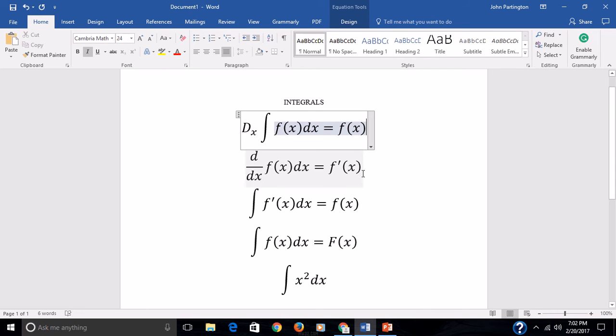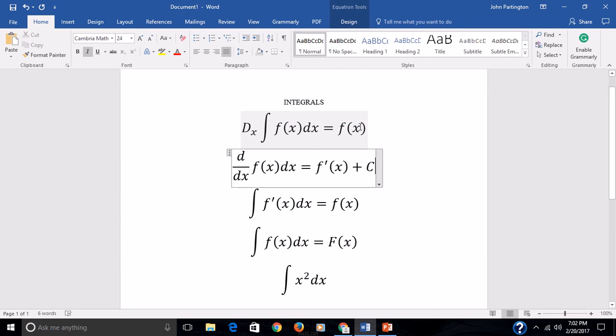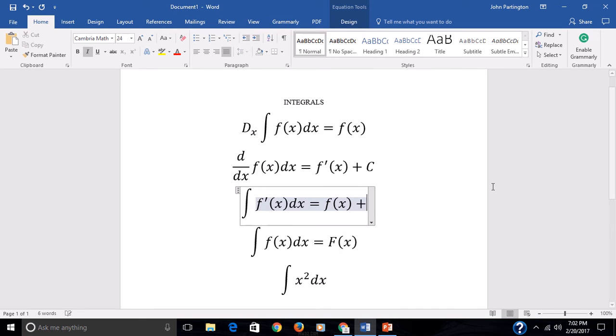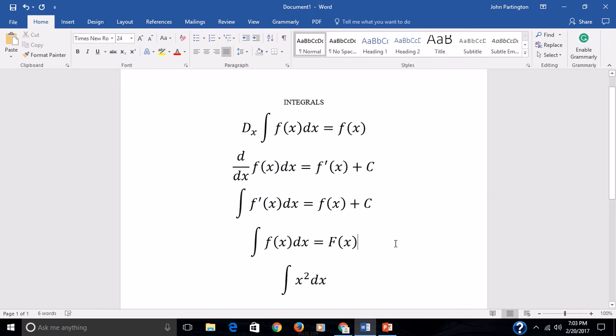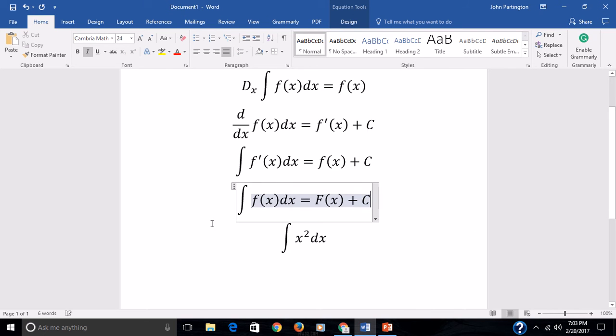So when you take the derivative of this c, you get 0. If we have this plus c, no matter what this constant is, this will always be the same. So basically, we're just going to want to put that on there for now. We won't need it later once we get into integrals as area, but for now we will.